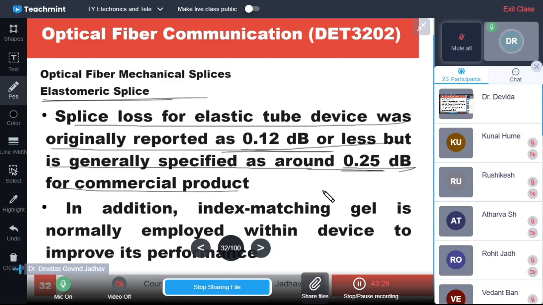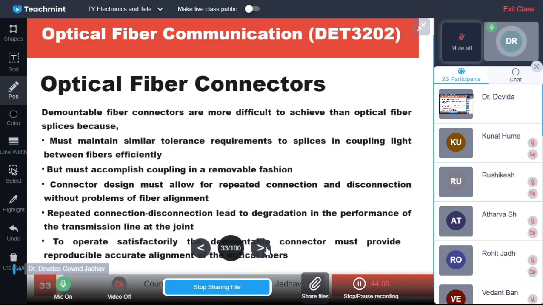Other parameters, such as whether a skilled or semi-skilled person is using it, may create some additional loss. In addition, if index matching gel is used, normally employed within the device, it also improves the performance.